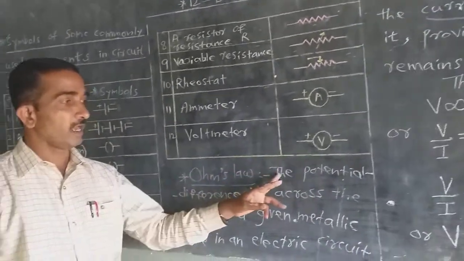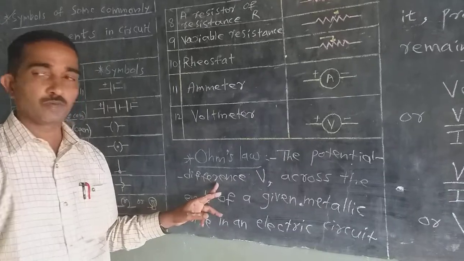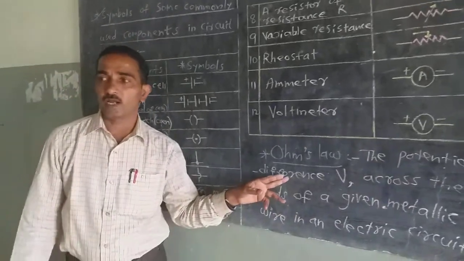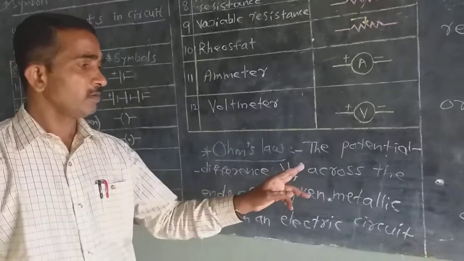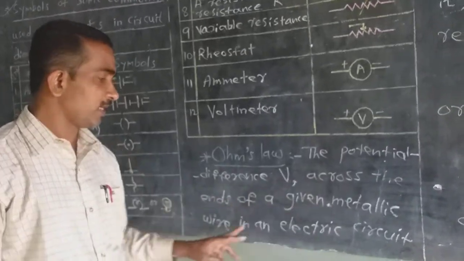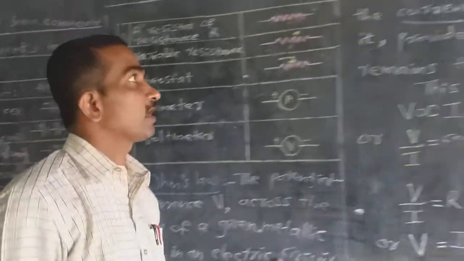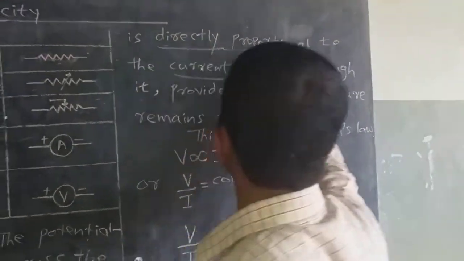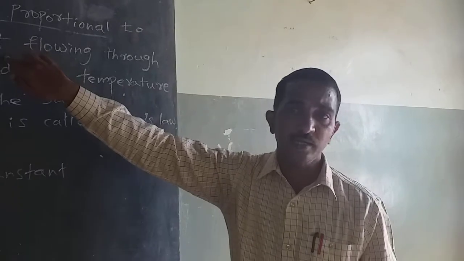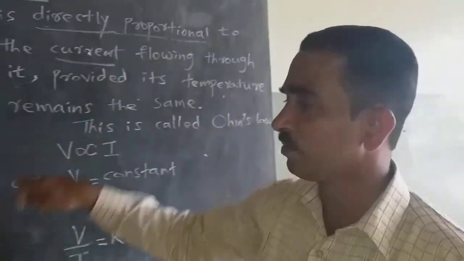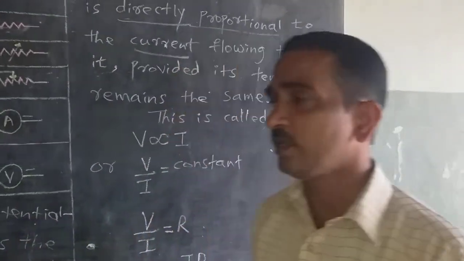Ohm's law states that the potential difference, which means work done to move a unit charge, V, across the ends of a given metallic wire in an electric circuit is directly proportional to the current. Means if the flow of current increases, at that time potential difference also increases.